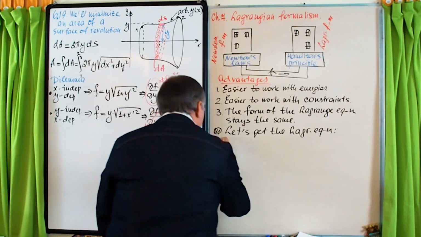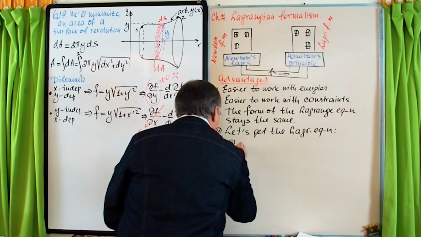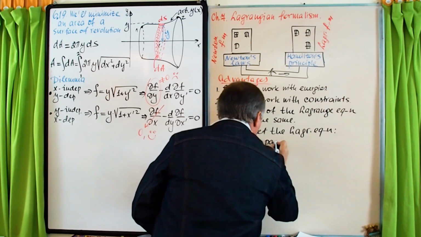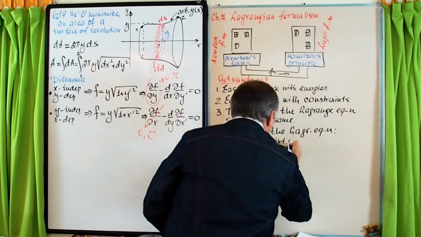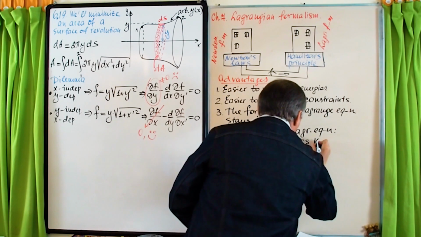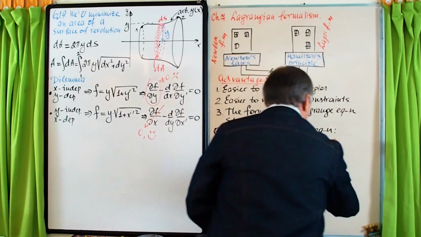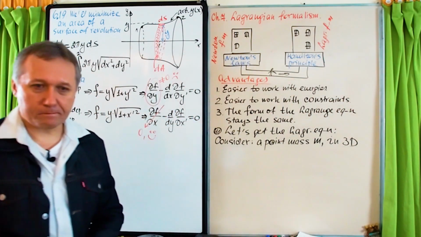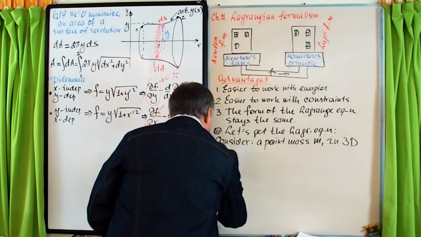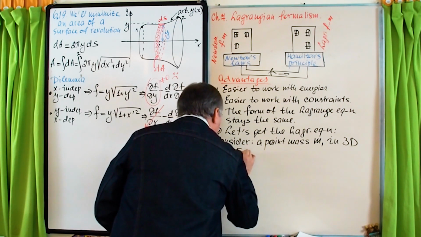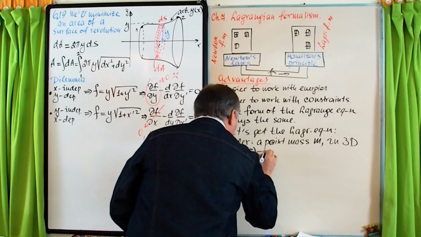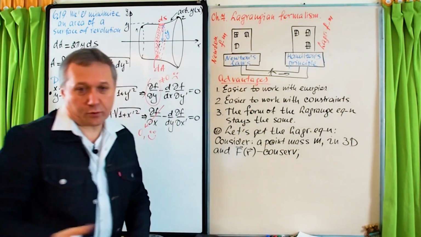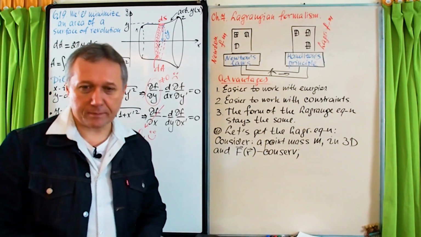So let's consider a point mass M in 3D space, and the force F, which is a function of r, is conservative. There is some external force, because it's just one point mass.